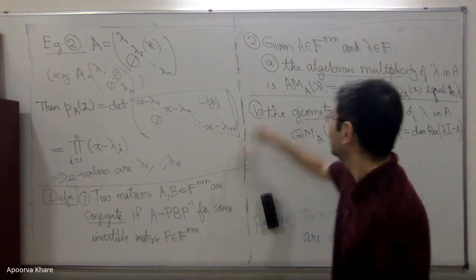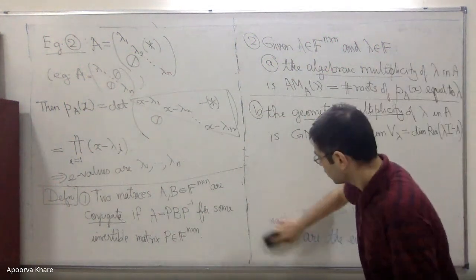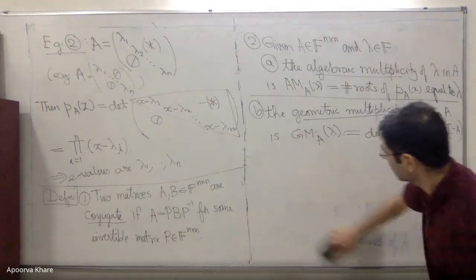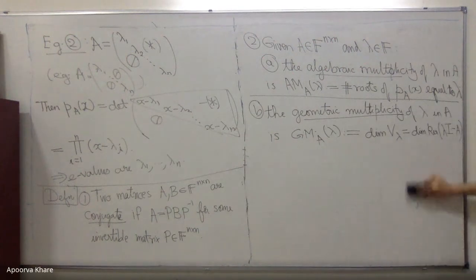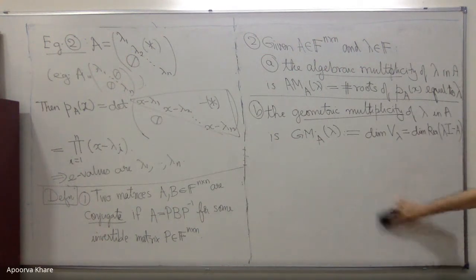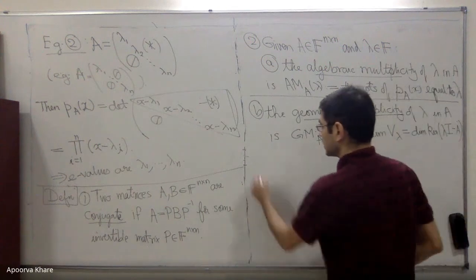I said conjugate, I said AM and GM. So the point is, if two matrices are conjugate, they have the same characteristic polynomial, the same AM and the same GM. So this is again the proposition.